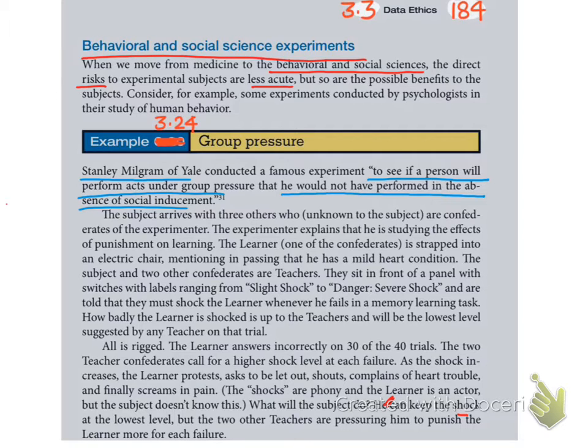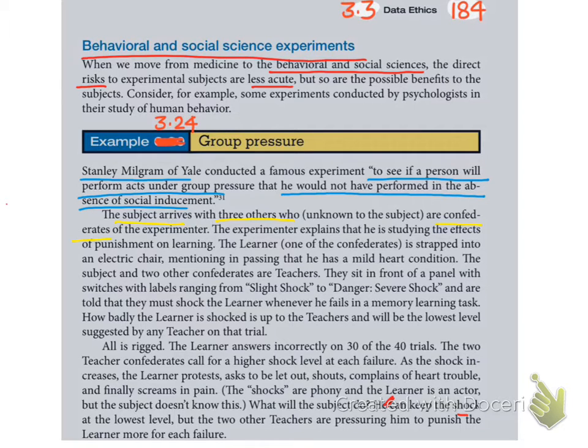His experiment was basically about learning the effect of group pressure on a person's original reaction toward a particular situation. Here they tested a subject, but with that subject they had three others. These three other subjects were unknown to the original one, and they were the confederates.